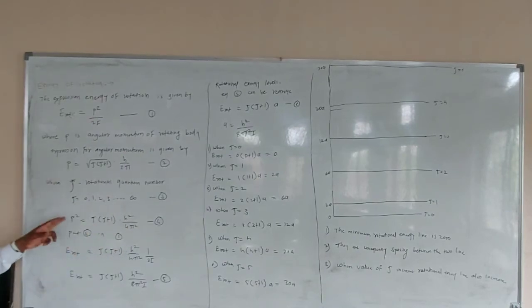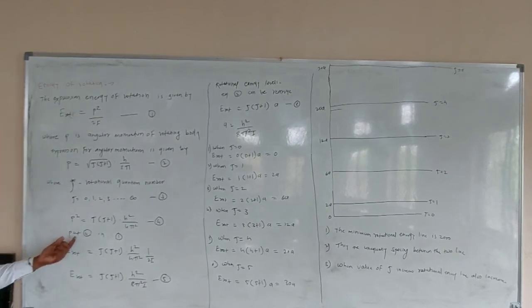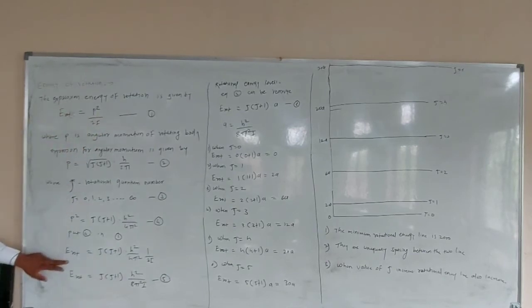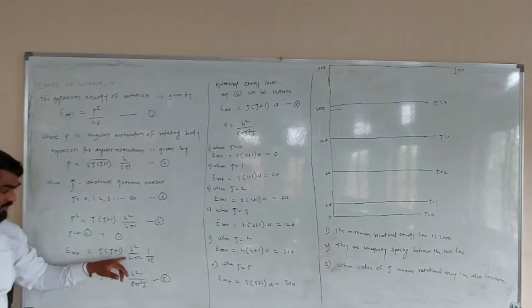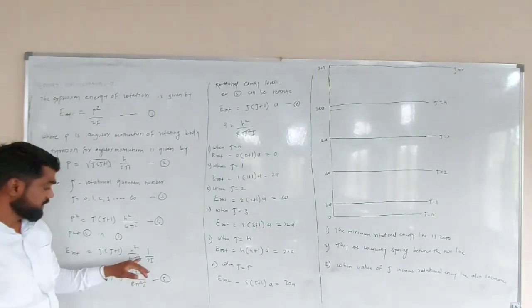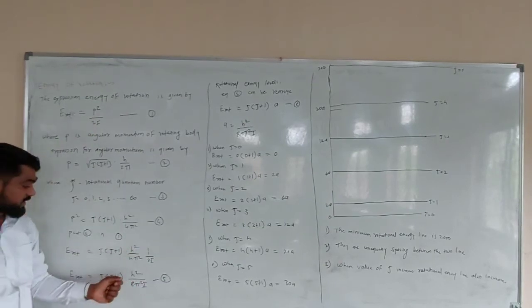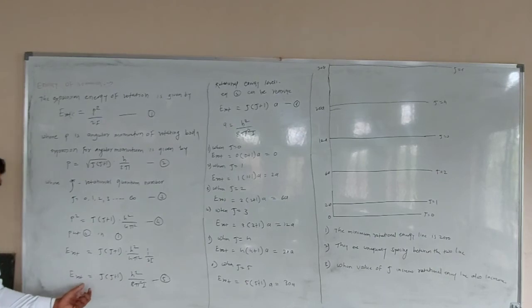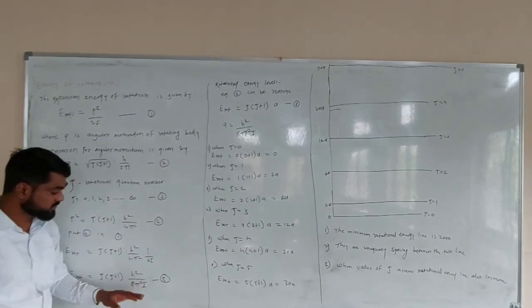Then put this value of P in equation number 1. Then E rotational is equal to J into J plus 1 into h square upon 4 pi square, and the remaining 1 upon 2I. Combining these terms, E rotational is equal to J into J plus 1 h square upon 8 pi square I.